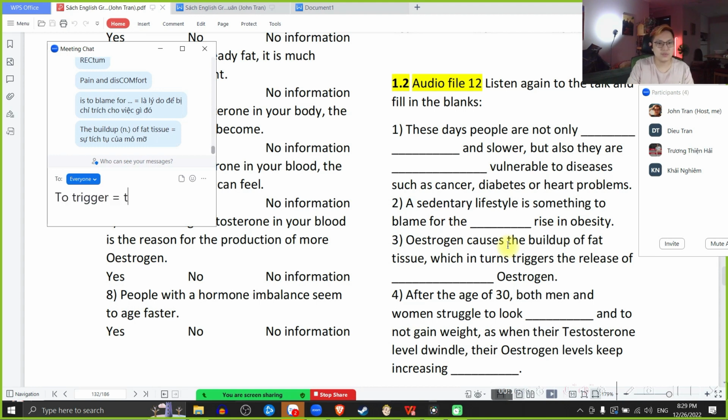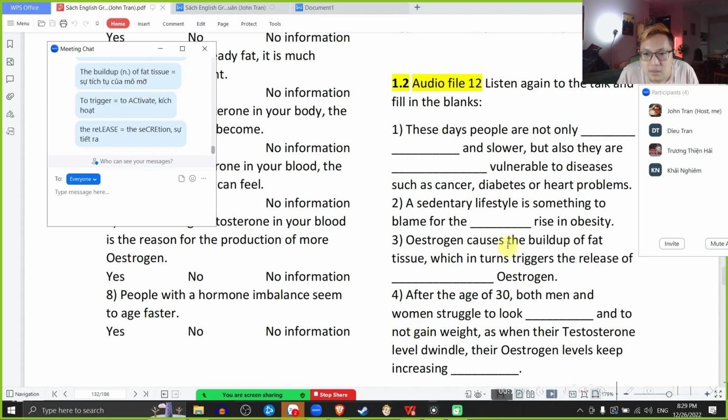To trigger means to activate, kích hoạt. Mà theo lượt nó kích hoạt cái sự thải ra, cái sự mà tiết ra của cái đó. So the release here means the secretion, sự tiết ra hormone gì đó, estrogen. Something estrogen, you need to listen for this thing, okay? Các bạn phải nghe kỹ mới điền được cái này thôi.